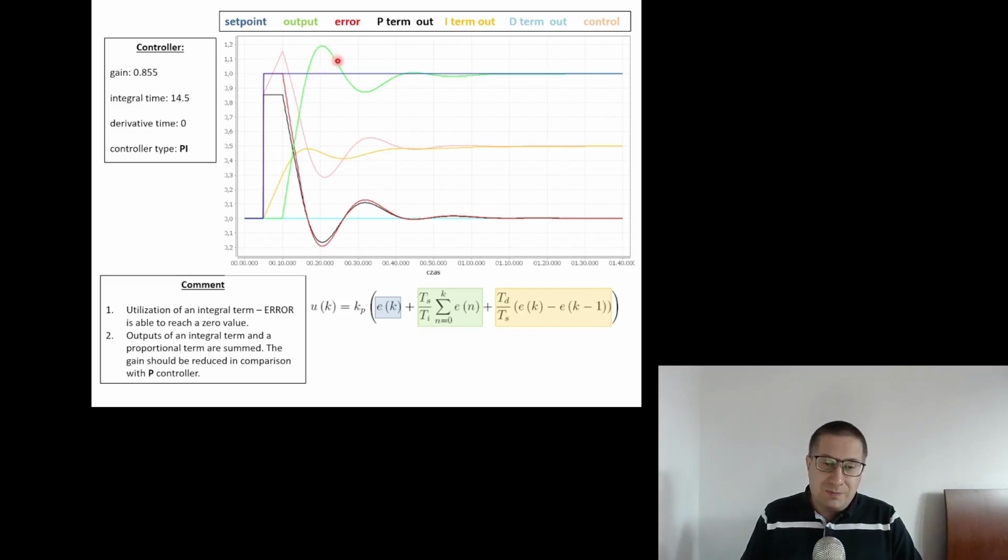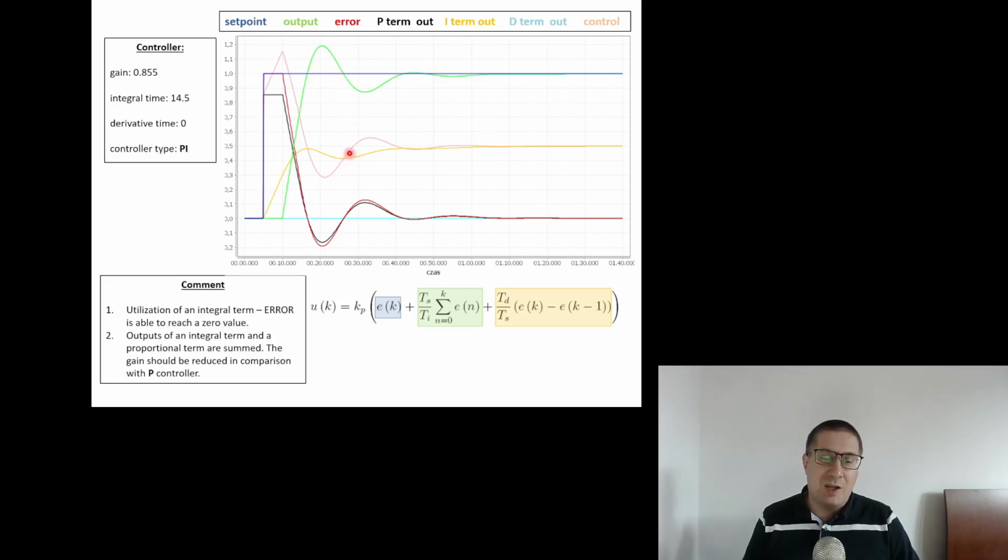And then, because of this brake pedal pressing, because of decreasing the control signal related to the reaction to the current value of the error, the process output is also decreasing, but not so much as in the previous example without this I term.